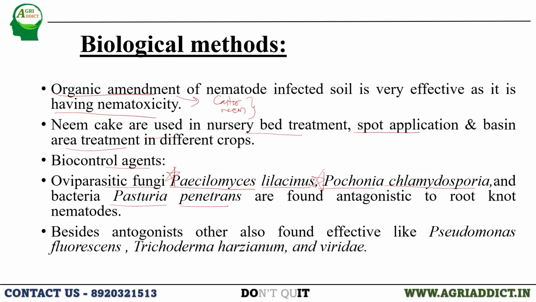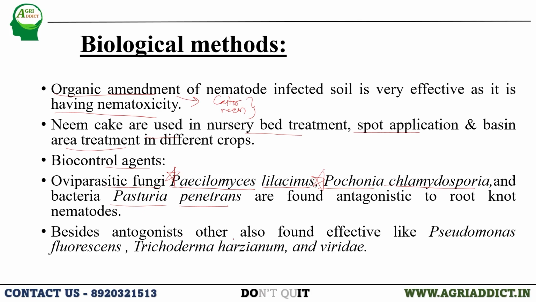The two fungi, Paecilomyces lilacinus and Pochonia chlamydosporia, and the bacterium Pasteuria penetrans are found to be antagonistic to the root knot nematode. So in controlling root knot nematode, they play an important role. And these do not have any toxic or side effects, so you can go for them.